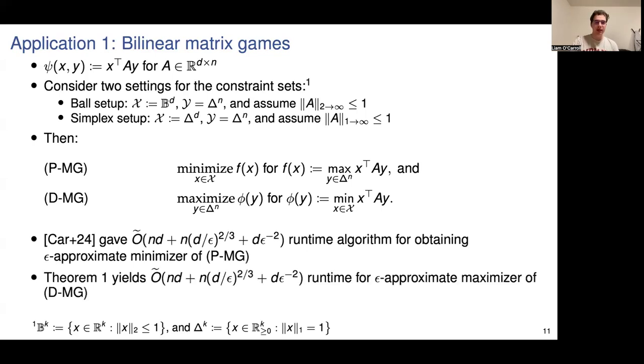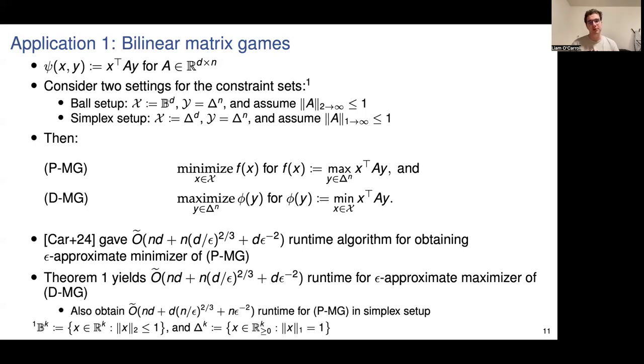And so we apply our theorem and we answer this open question and we obtain an algorithm with the same runtime for obtaining an epsilon approximate maximizer for the dual optimization problem. And we also observe that specifically in the simplex setting where the constraint sets are symmetric, we obtain a new state-of-the-art runtime for solving the primal as well.